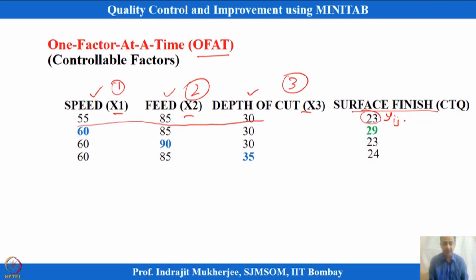Then, keeping the feed of 85 and depth of cut fixed, I have just changed the level of speed from 55 to 60. The other two variables remain fixed at 85 and 30. When I changed this one factor, what I observe is that this is coming out to be 29, which is improving, that is, I have got an improved position.